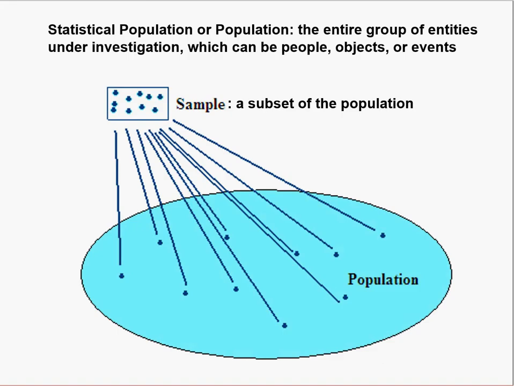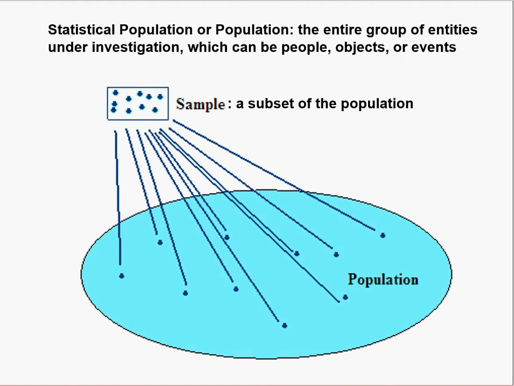And here are some concepts we have used before: statistical population, or population in short. These refer to the entire group of entities that is under investigation, and that can be people, objects, or events. In terms of people, if we want to study the average age of the U.S. population, here the population would be all the people in the country.